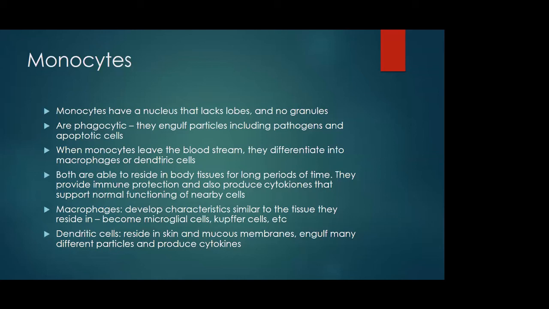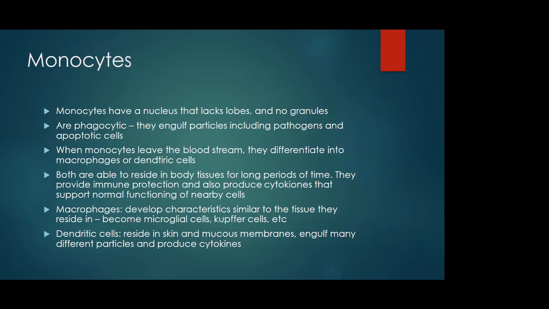If they encounter a pathogen, they will produce cytokines and they'll gobble up that pathogen. And a lot of times, if they're a dendritic cell, they'll take that pathogen back to the lymphatic system and to the T cells and B cells and tell them, hey, look what I found. This is here, you need to activate against it.